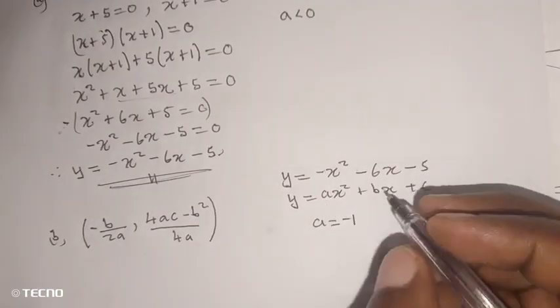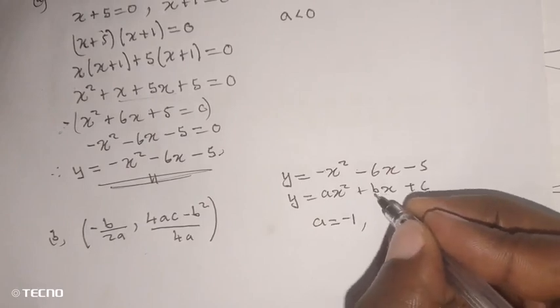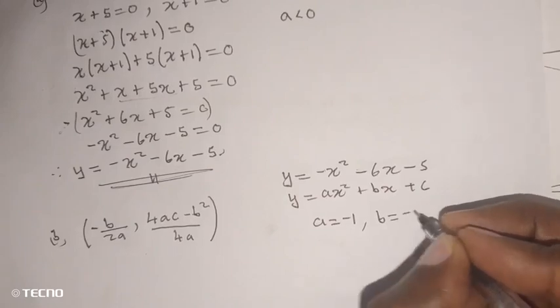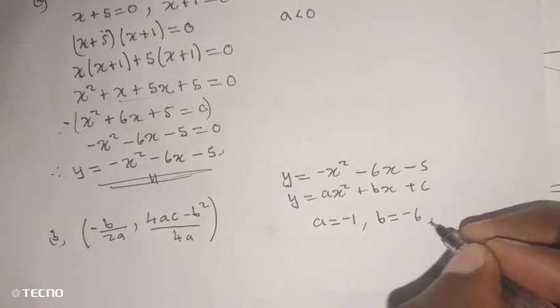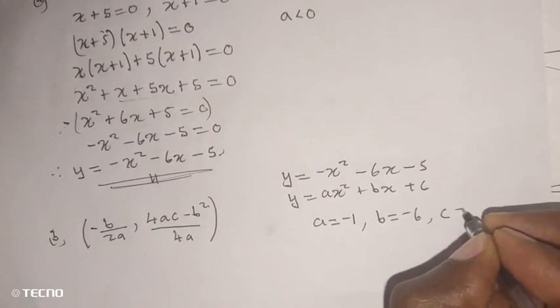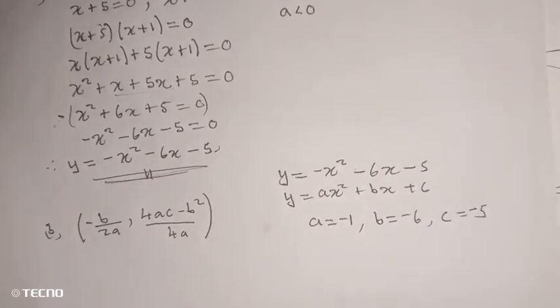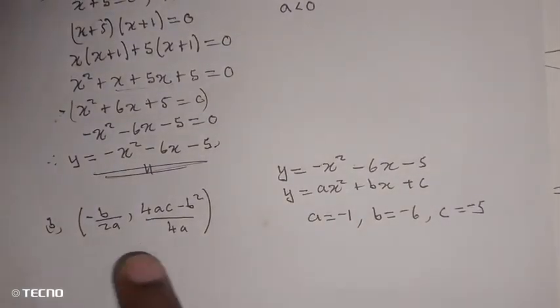Then the coefficient b is negative 6. Again, c is negative 5.